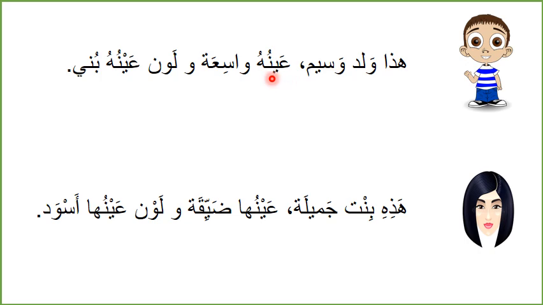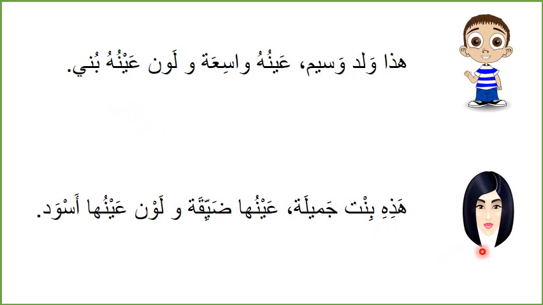And then we start describing his eyes. So you need to put a فاصلة, comma, and then you start to say his eye, shape, and then the color. عينه واسعة, his eyes are wide. ولون عينه بني, his eye color is بني. ما معنى بني؟ brown. أحسنتم, ممتاز.